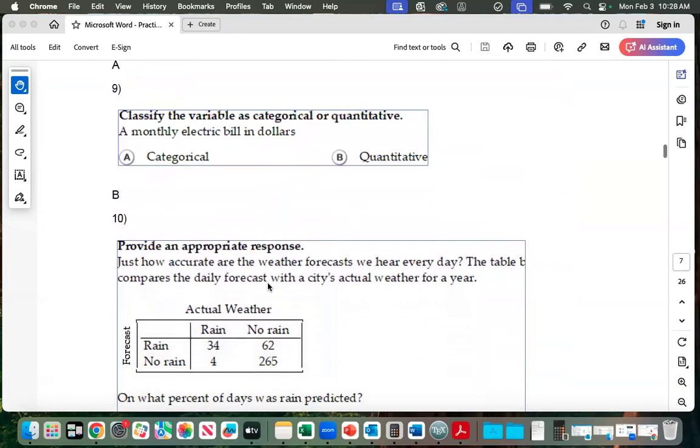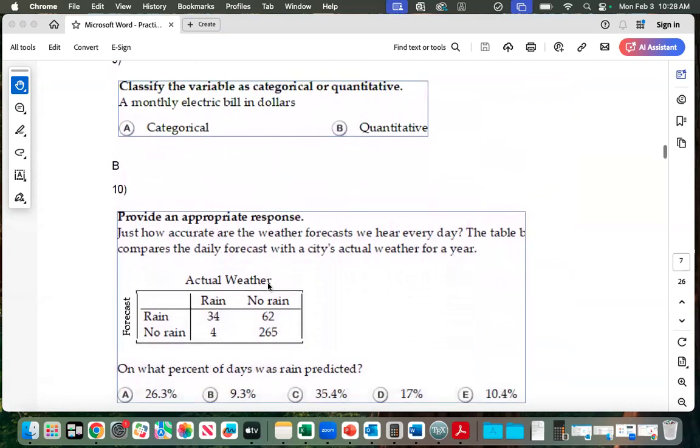Let's get to 10. So for 10, we have this information. The question wants to ask you, on what percent of days was rain predicted?